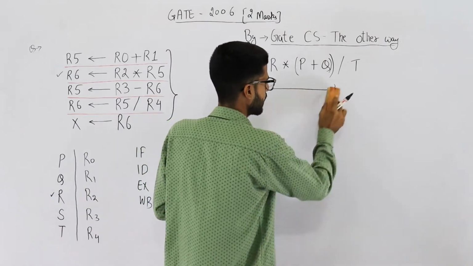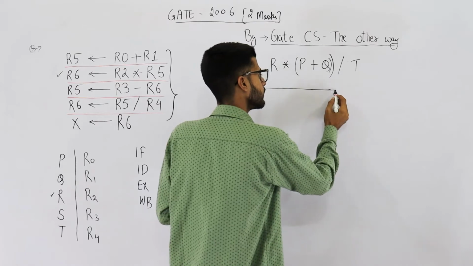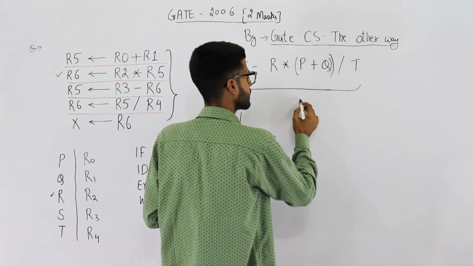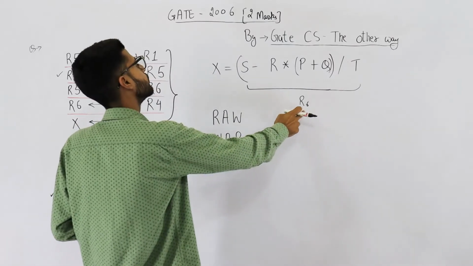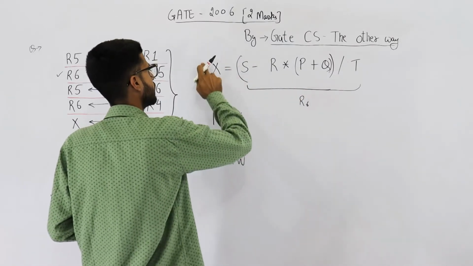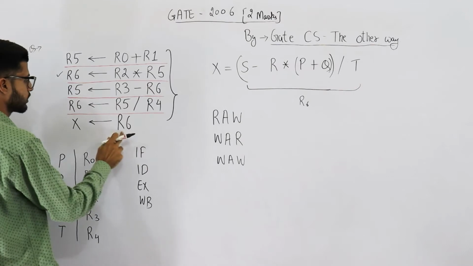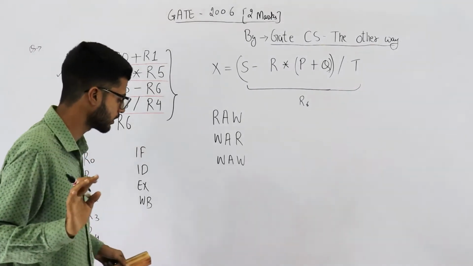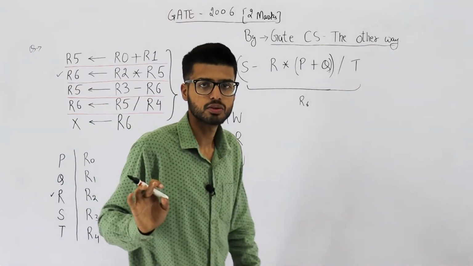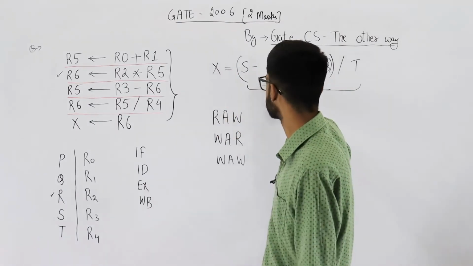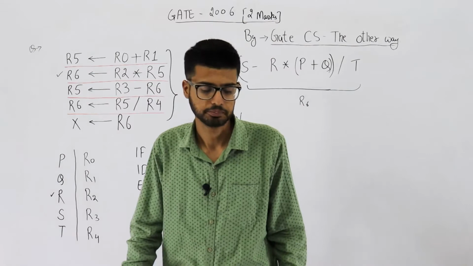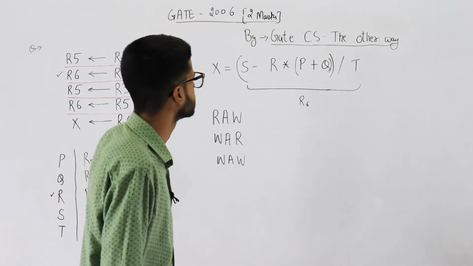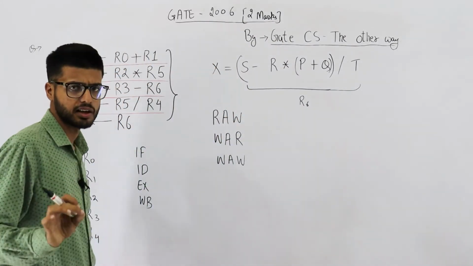That means the result of entire RHS is saved in R6, and then we just need to copy this entire result into X. That's what is being done. So now I hope you have understood how we have translated this instruction from high level language to this machine code. That's what compilers generally do. We have seen it in great detail.